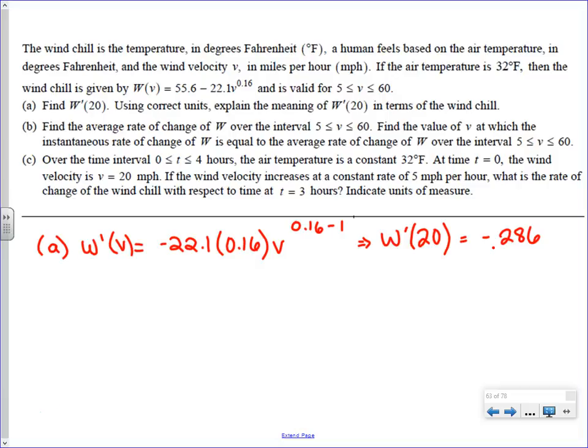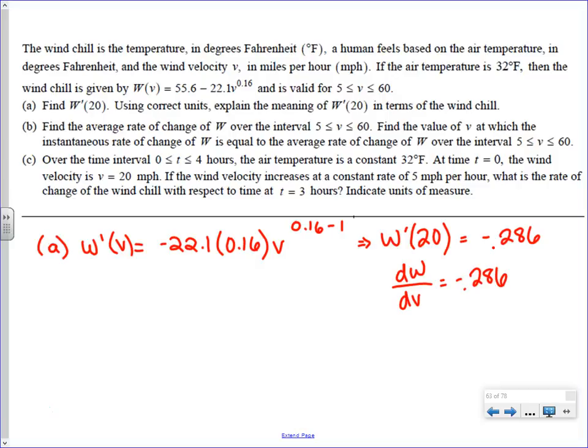A question, what would the units be? This is a rate. If it helps you, couldn't I say this is dW over dV? W's the big one, and V's the little one that we're taking the derivative of. Does that help me at all with units?